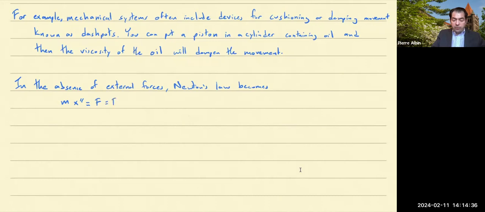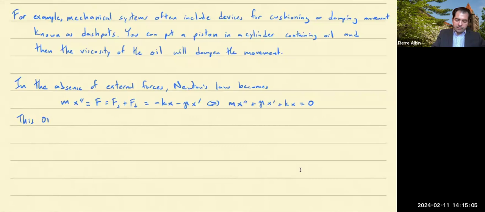And now let's say the force has a component from the spring and a dampening component. And so we would get for the spring from Hooke's law minus k times x, and then from the dampening minus gamma x prime, right? So that means the equation we're looking at is m x double prime plus gamma x prime plus kx is equal to 0.